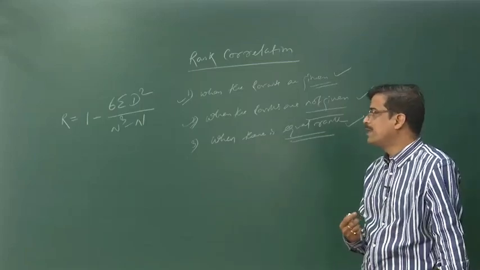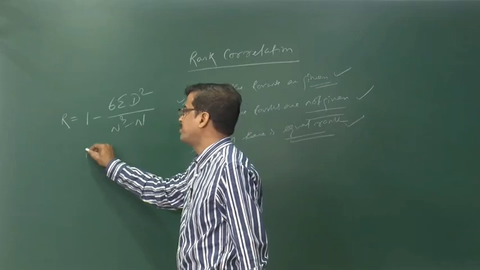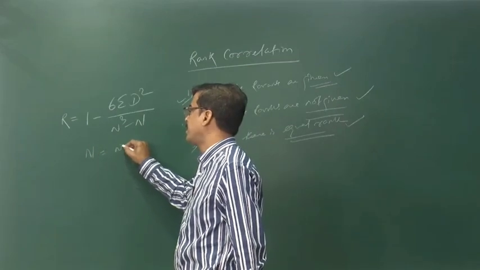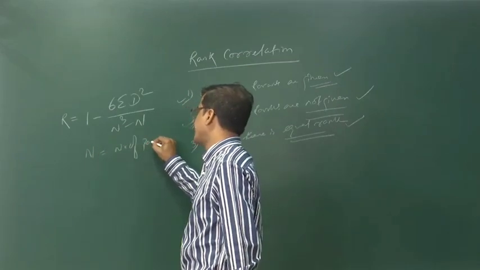Then what about n? N is the number of pairs of observations.